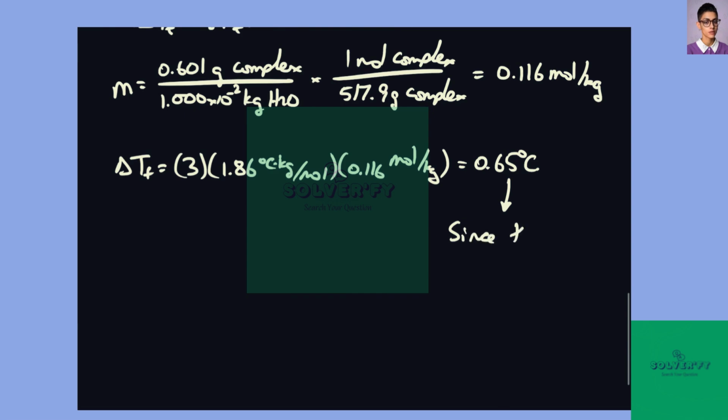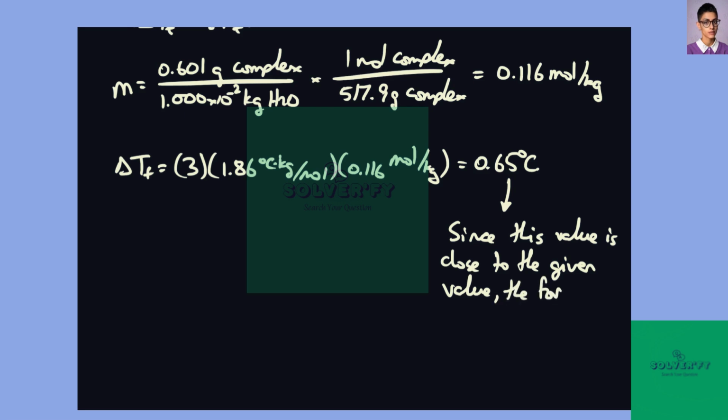So we have some confirmation here, since this value is close to the given value, and the given value here is 0.64 degrees Celsius, we can say that the formula that we've created in part 3 is correct. So we have some confirmation here with part 4.